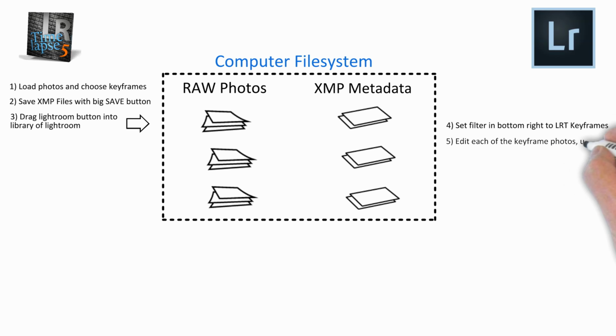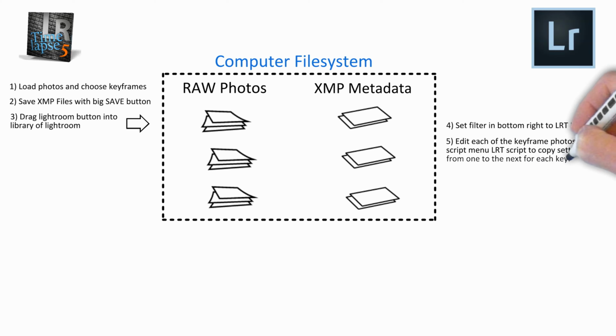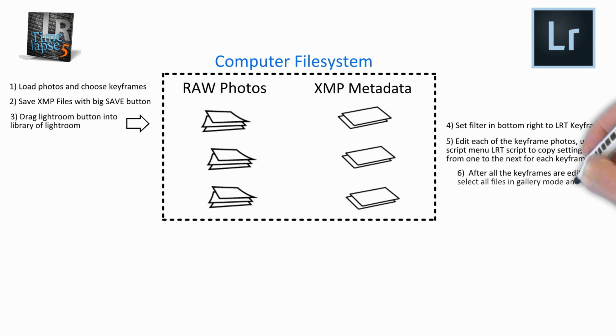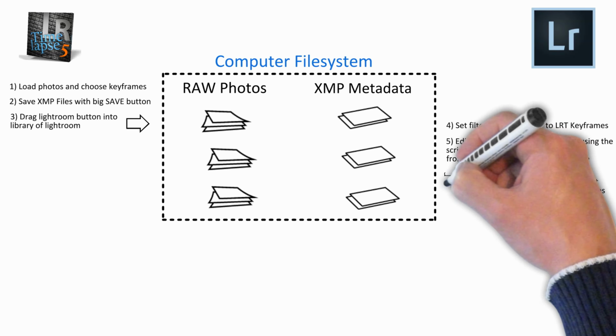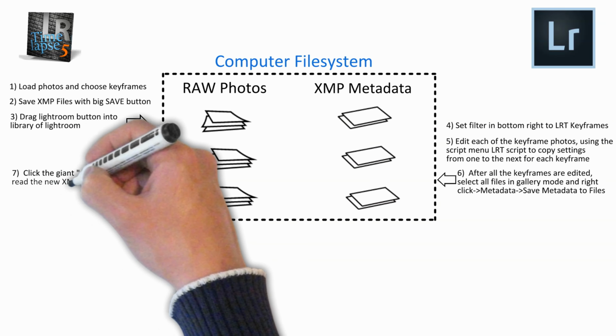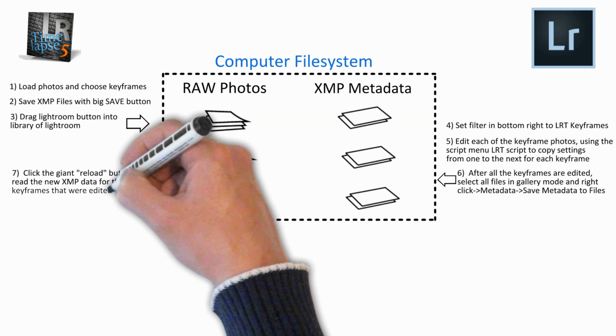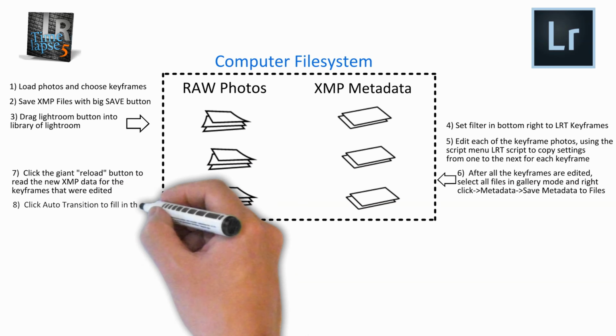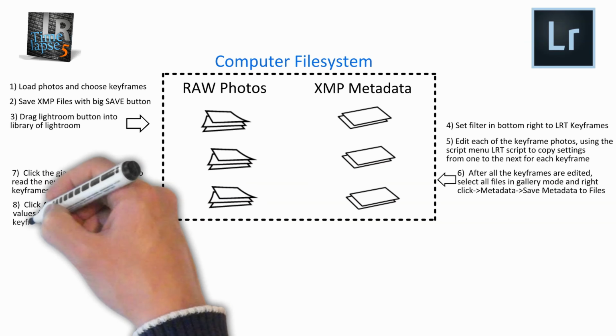The screen's showing you the steps now. I'm going to walk through these one by one, but I want you to have a frame that you can screenshot so that you can use it as a reference after watching the video. Effectively, you're going to work on keyframes in LRTimelapse, you're going to edit them in Lightroom, you're going to load them back into LRTimelapse, and you're going to allow LRTimelapse to set the transition points for you.